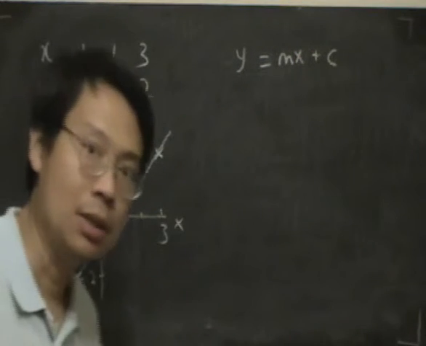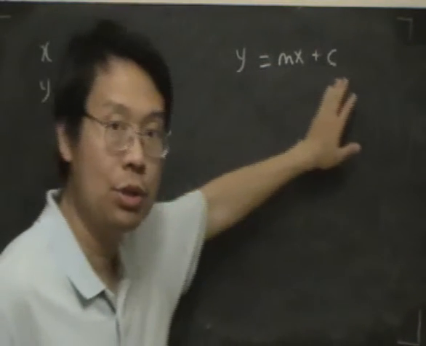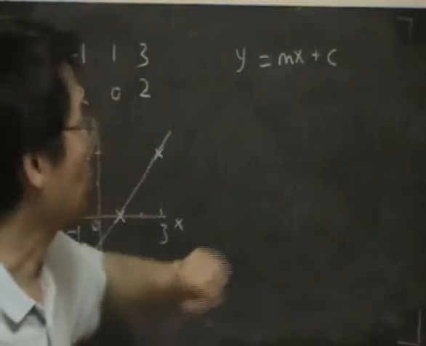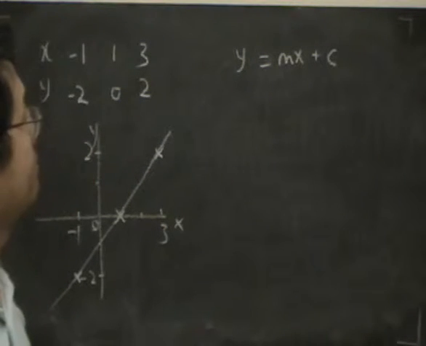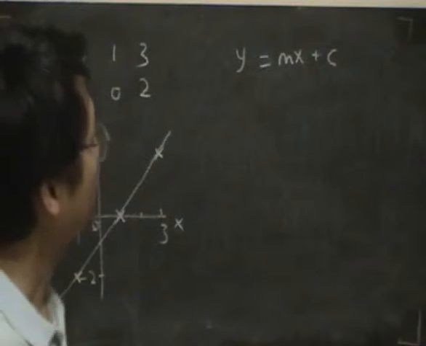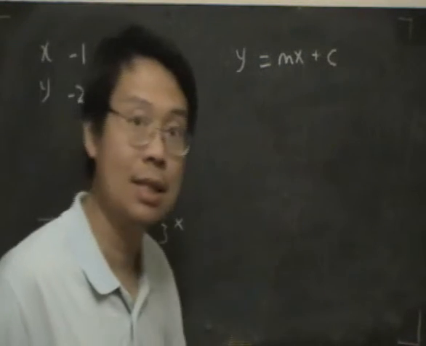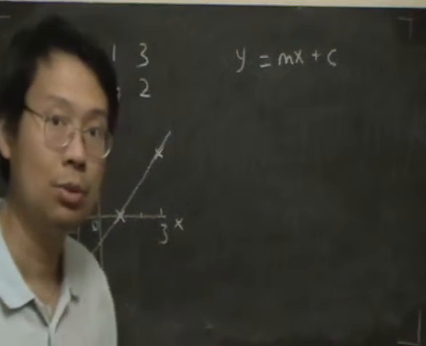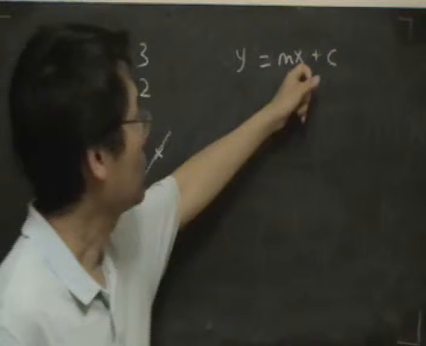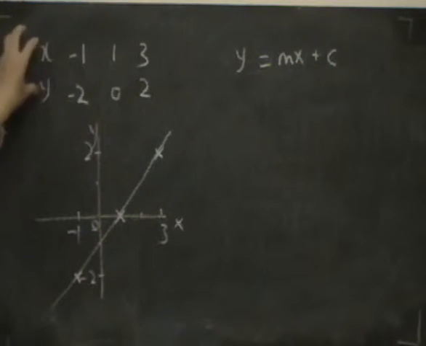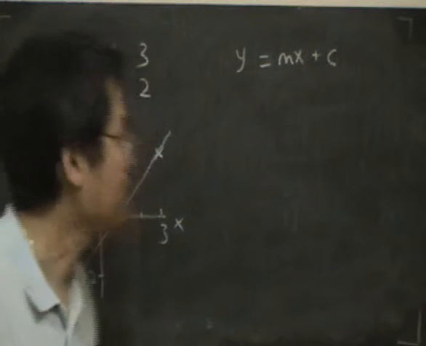We looked at this in the last session, that an equation for a straight line must always look like that. m and c represent two numbers, which can be any number. x and y are the values here that can have different numbers.